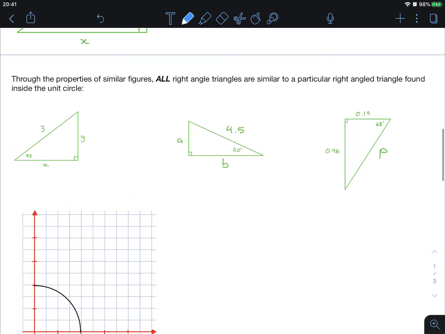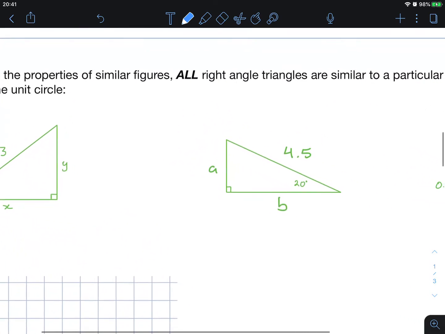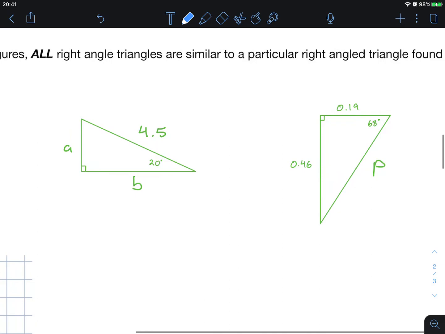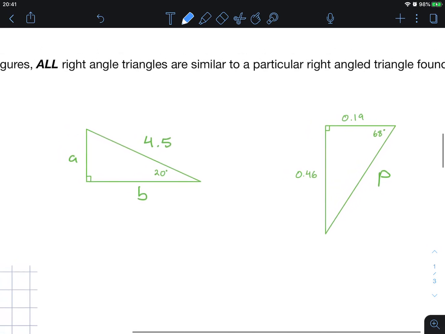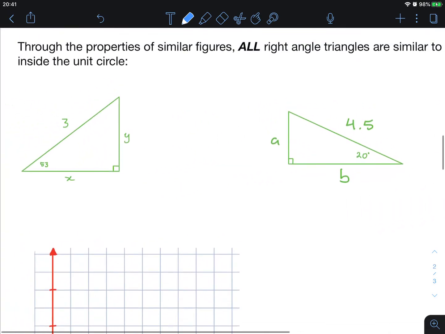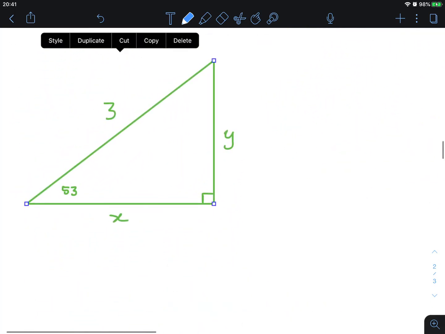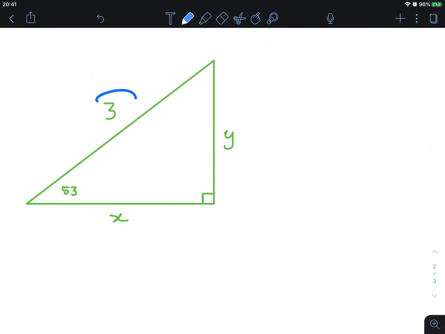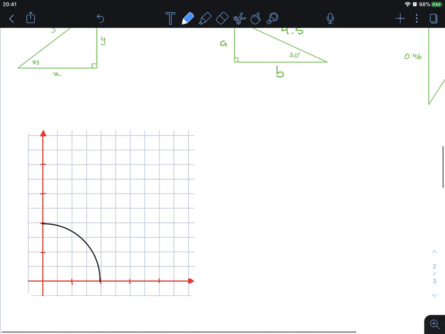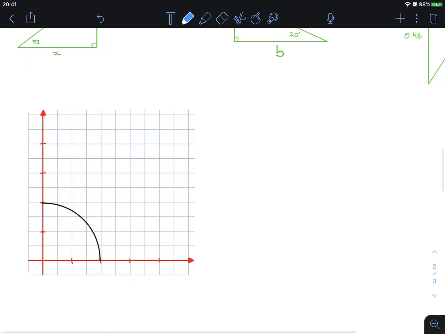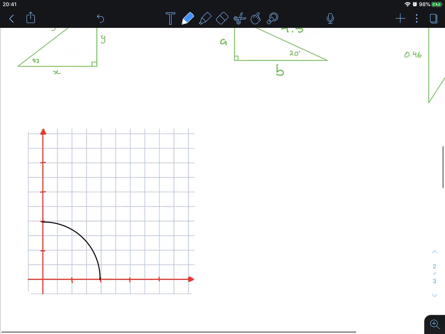Okay, through the properties of similar figures, all right angle triangles are similar to a particular right angle triangle found inside the unit circle. So in this case, clearly we have a triangle whose hypotenuse is 3, and that couldn't possibly fit inside the unit circle, which has a radius of 1. But we could try.